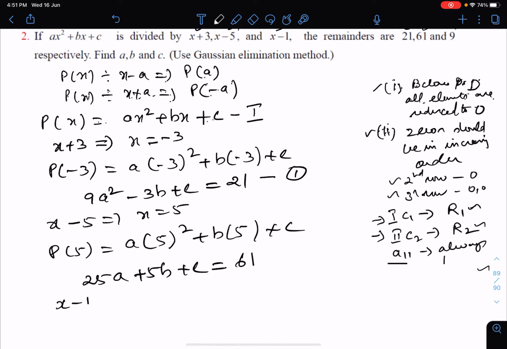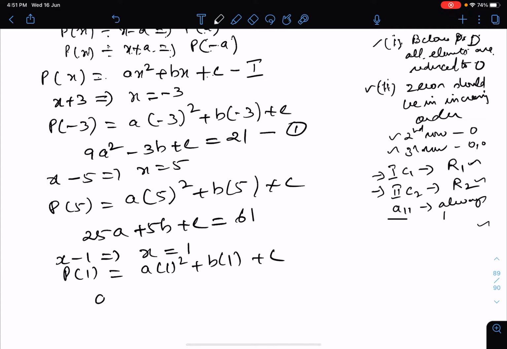When it is divided by x minus 1, x is equal to 1. Therefore p of 1 is a into 1 square plus b into 1 plus c, and the value is 9. Therefore a plus b plus c equal to 9. This is our second equation. This is our third equation.